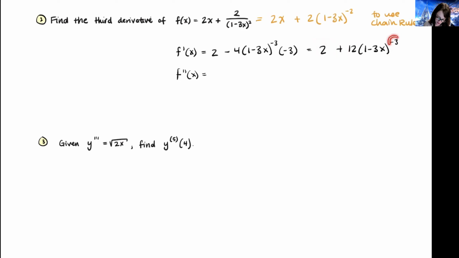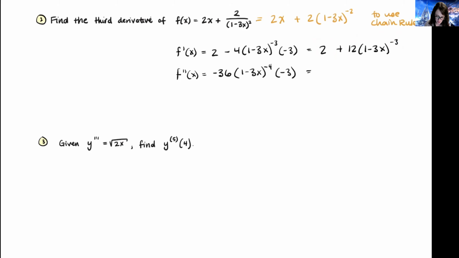So the negative 3 is going to come down and multiply by the 12. So that's negative 36. We've got times 1 minus 3x, and we'll lose a degree, so we'll become more negative, negative 4.